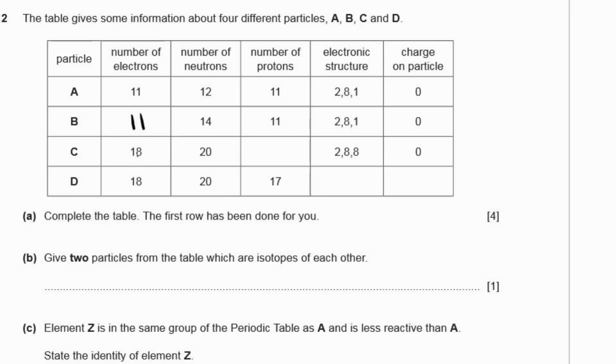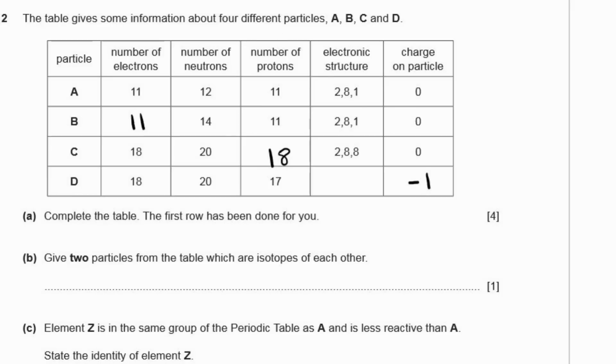Okay, C, it's the same thing. The charge here is 0, so that means that there has to be the same number of protons as there are electrons. Here, there's a different number of protons to electrons. There's one more electron. Electrons are negative. So that means the charge is -1.